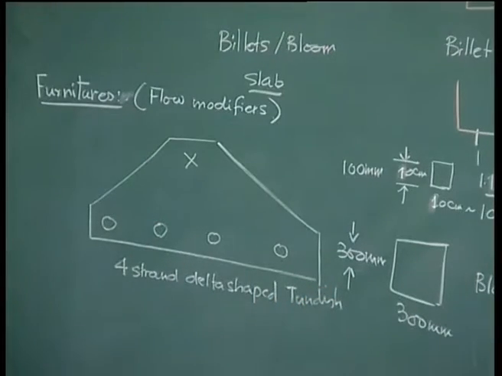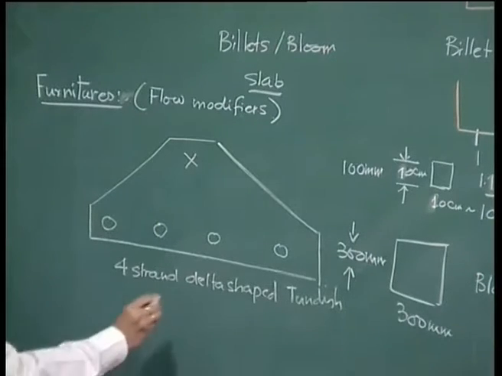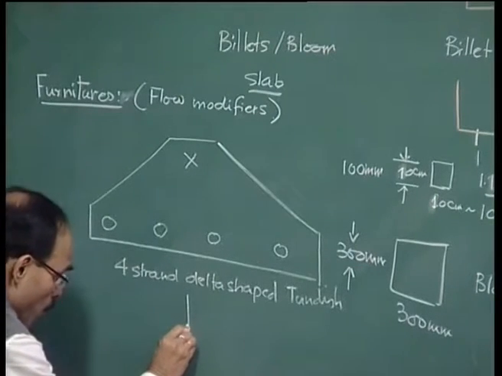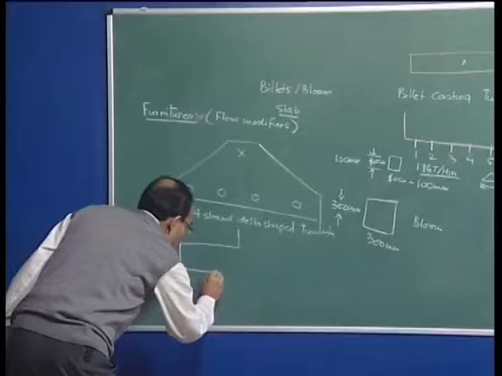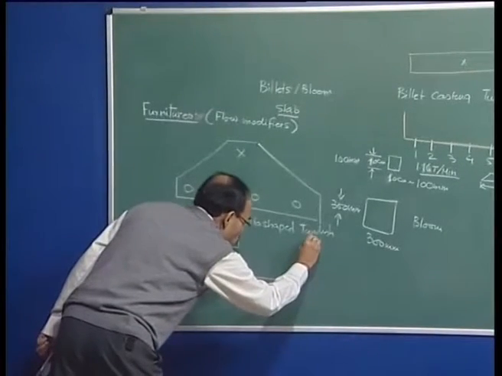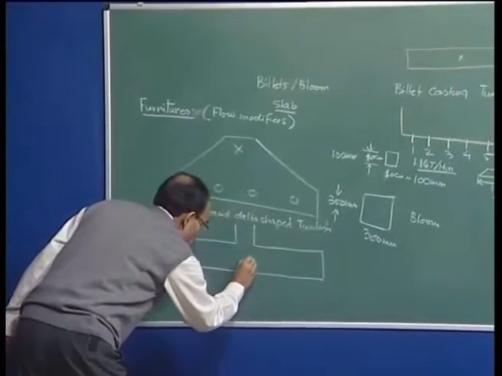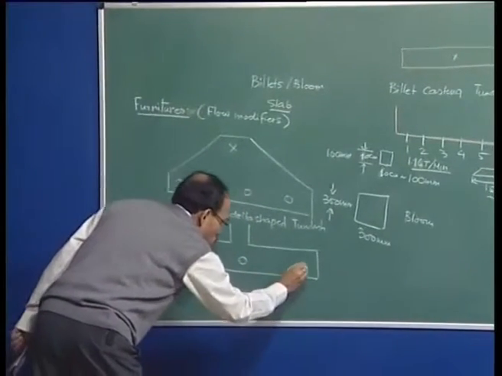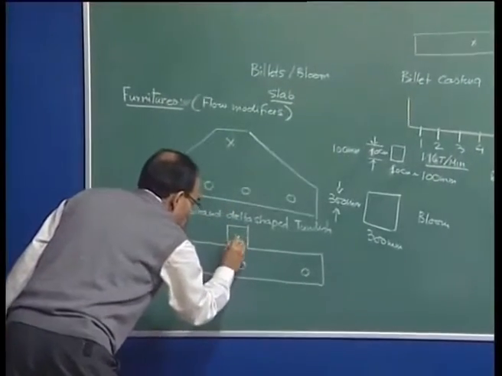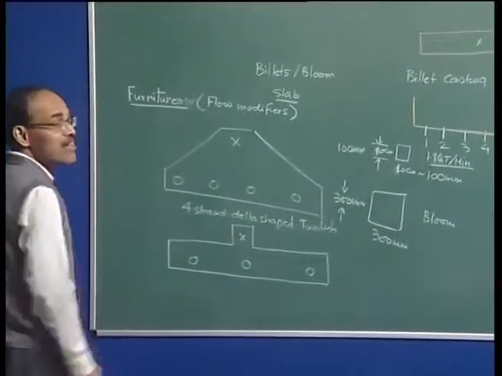We can have a T shaped tundish also. This is a 3 strand T shaped tundish.